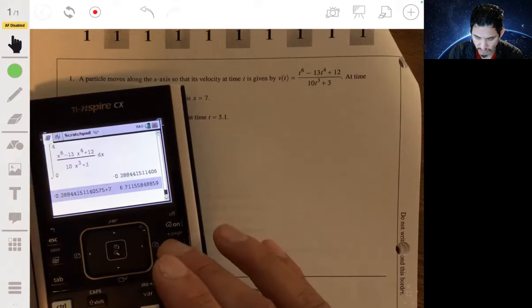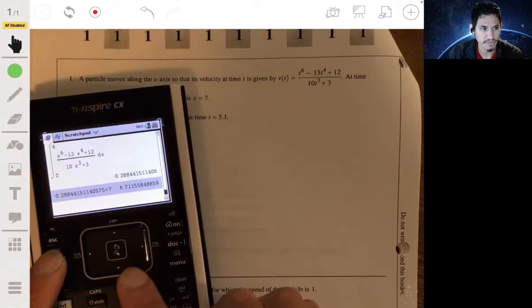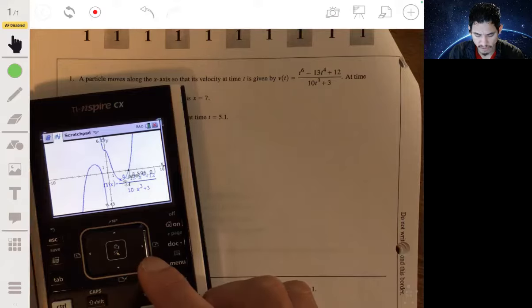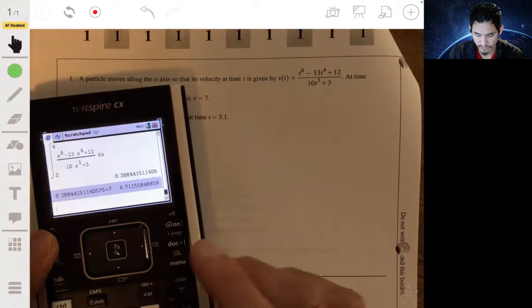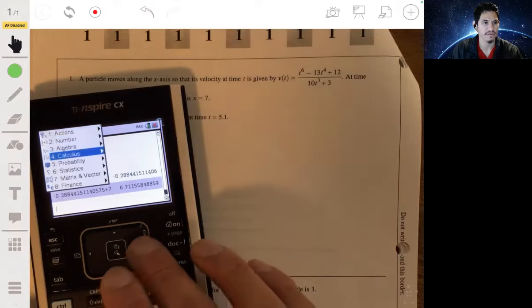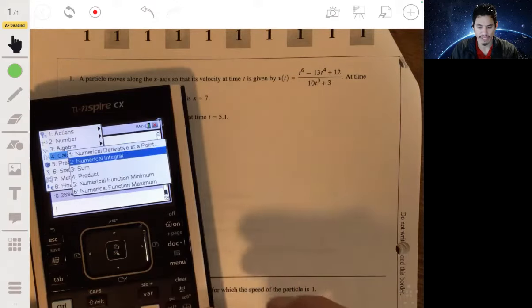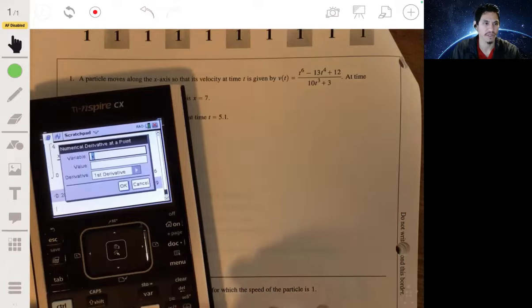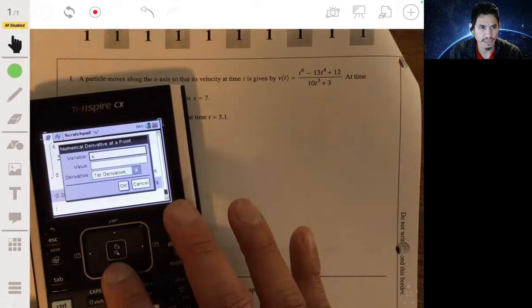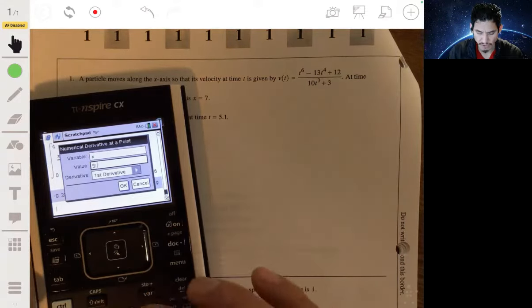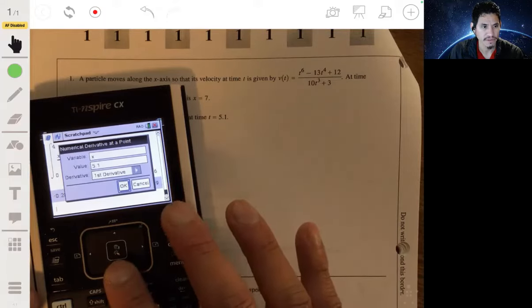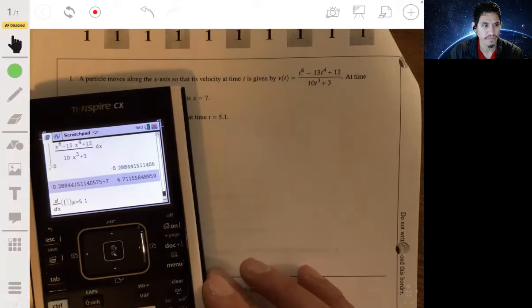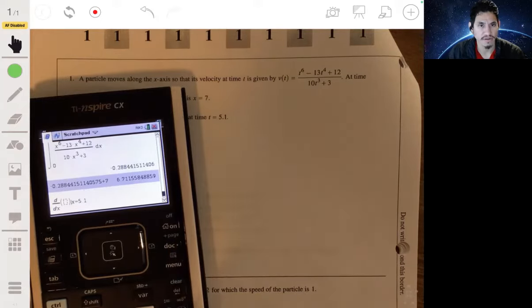We just go to our calculator screen, which is not that one, which is this one. Go to menu, use our calculus function, numerical derivative at a point. Variable x, let's set the point at 5.1, first derivative. And we just plug this expression in for our function.